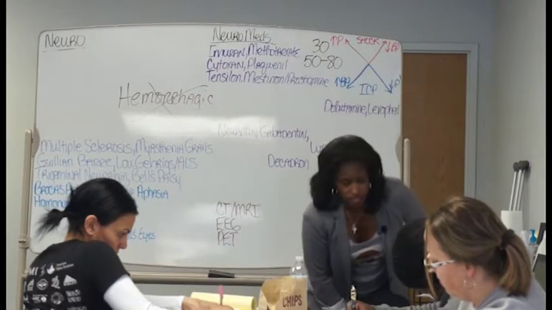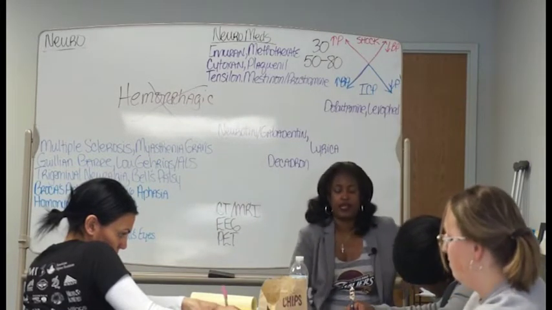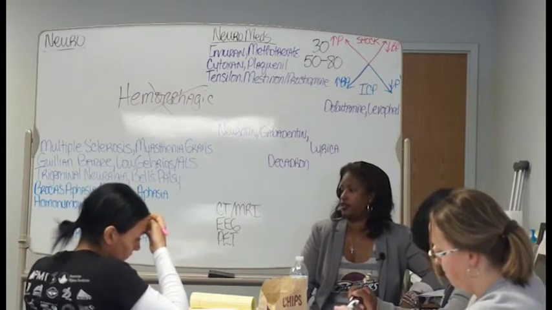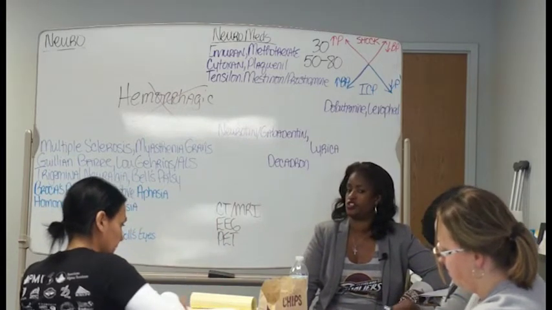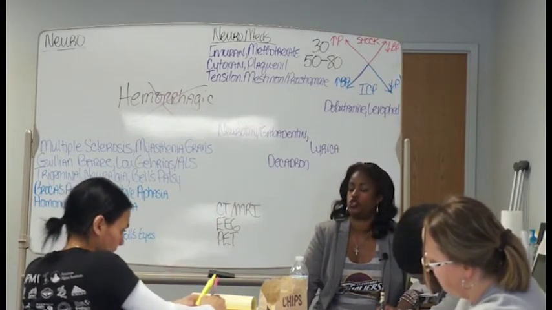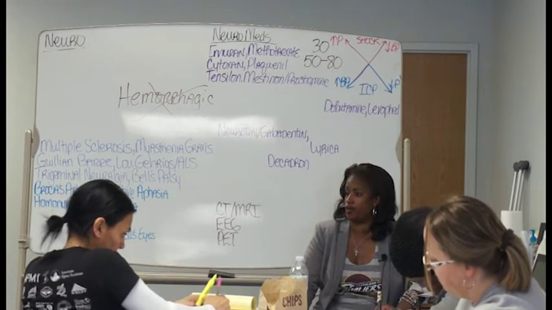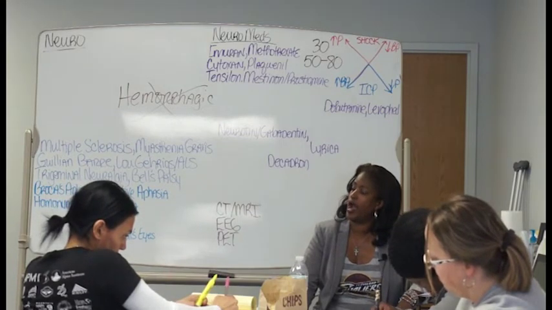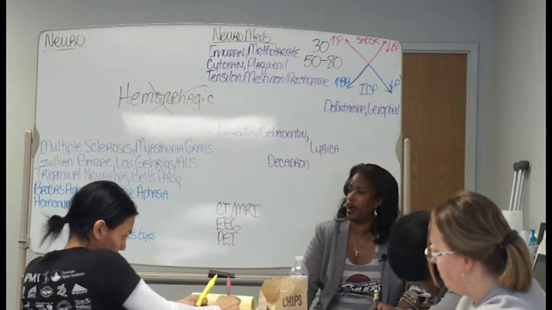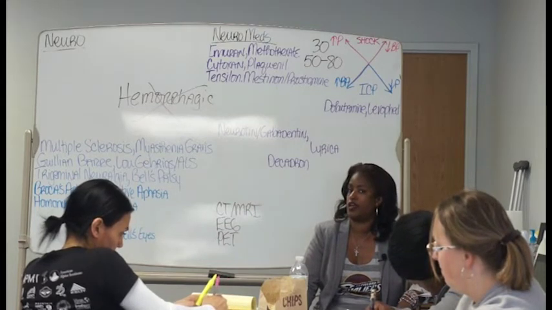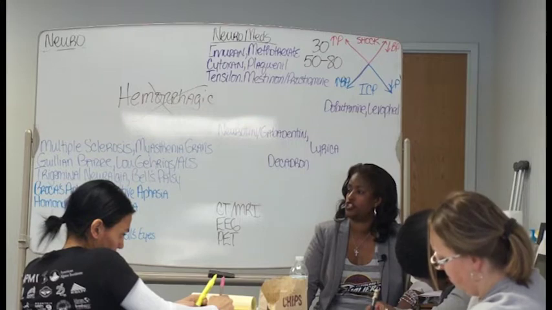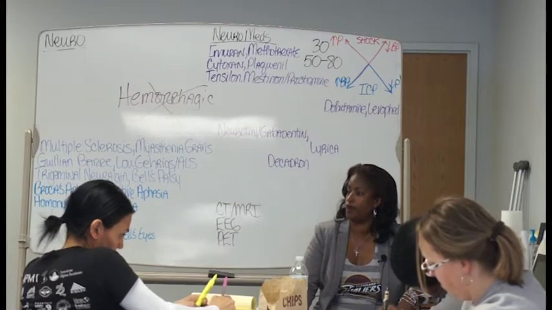Now, the MS patient has myelin degeneration. The myelin sheath is degenerating, and we do 2 tests to figure out what's going on. We do an MRI, which is usually how we figure it out, but we also have done an EMG, electromyogram.